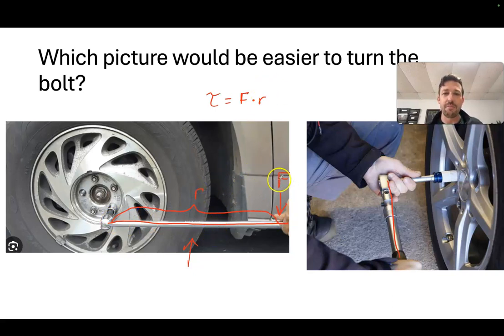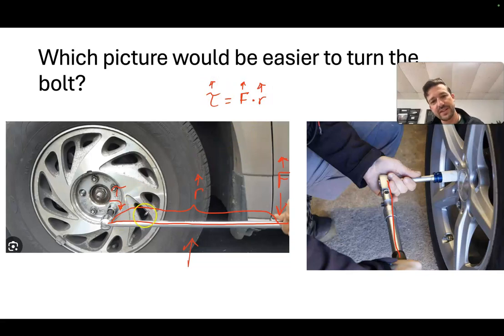If you need to increase the torque, you can either increase your force or you can increase your radius. If you increase the force or the radius, you increase the torque, right?